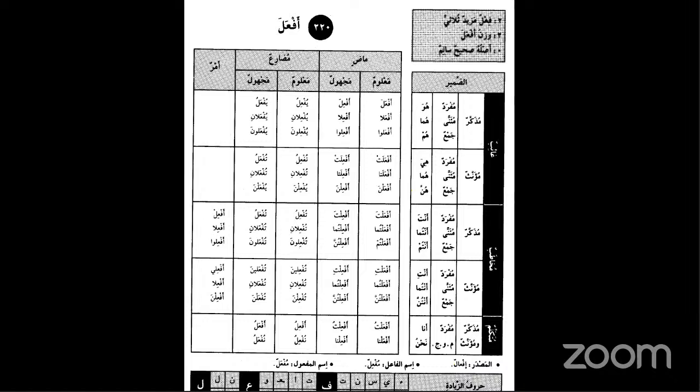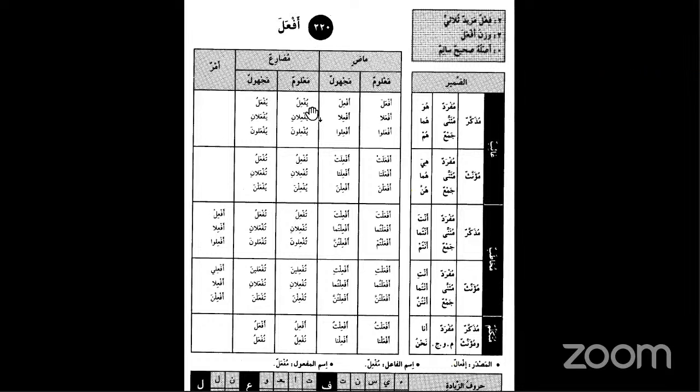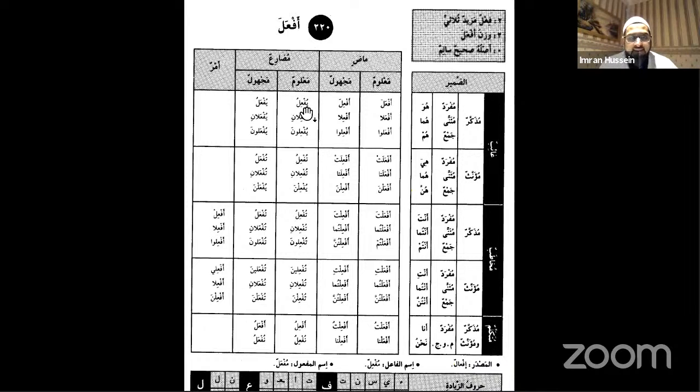Now the present tense, the way you distinguish this: the present tense is yuf'ilu, yuf'ilani, yuf'iluna. They seem very similar to the 3-letter verb present tense, but they're slightly different. The main two differences are as follows: the first letter, the ya, in the previous 3-letter verbs had a fatha, but in these ones it has a dhamma. And the middle letter has a kasra.